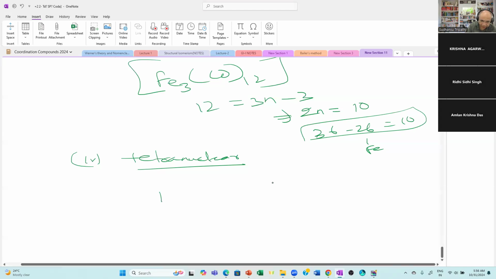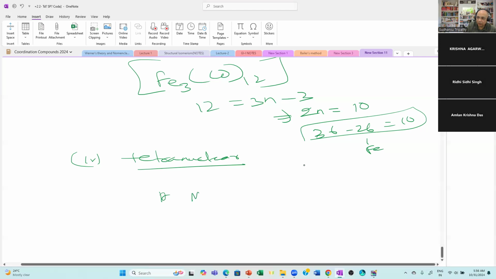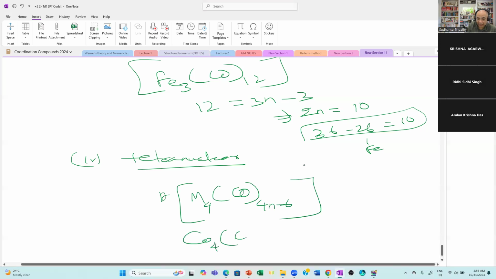This formula is M4(CO) 4n minus 6. And the example is cobalt 4, again 12. Iron 3 was 12, but cobalt 4 is 12. You can justify that.